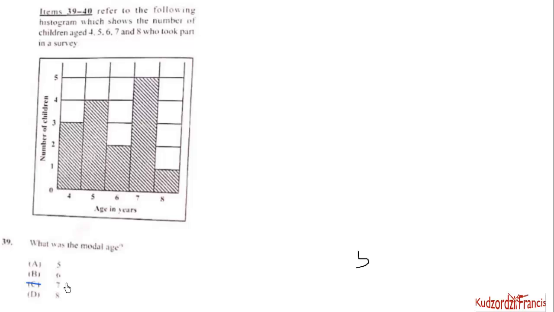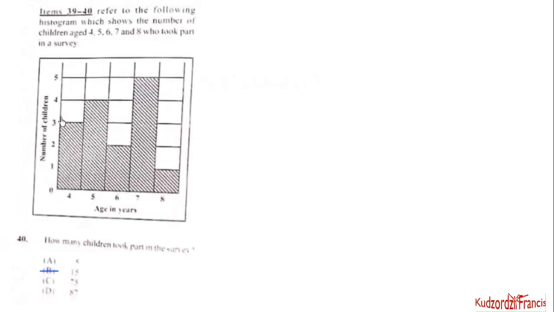So the correct answer is 7. Then let's look at item 40. The same preamble. How many children took the survey? We need to add the frequencies, and that will give us 15. The correct answer is this.